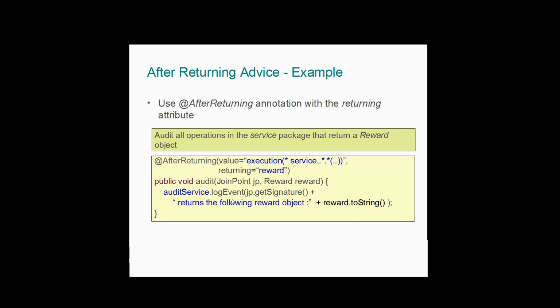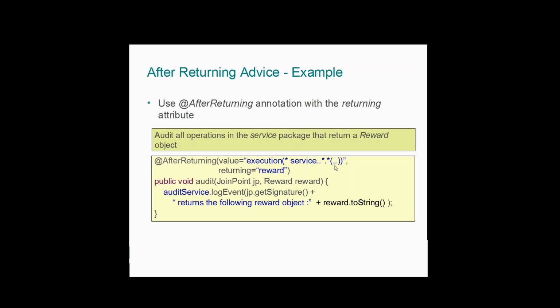I want to catch hold of that object and extract some information and put it into a log, or send an email or an SMS, things like that in this advice. So I can get that object using returning. In the advice I can say returning equal to reward. This reward name and that reward should match, not this part. This can be any type.